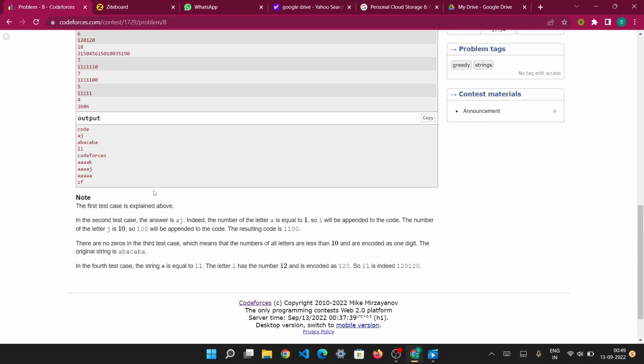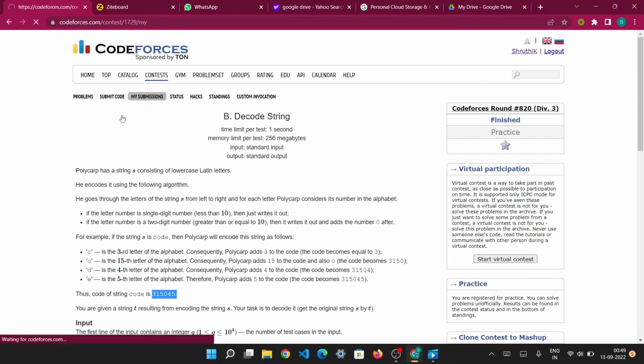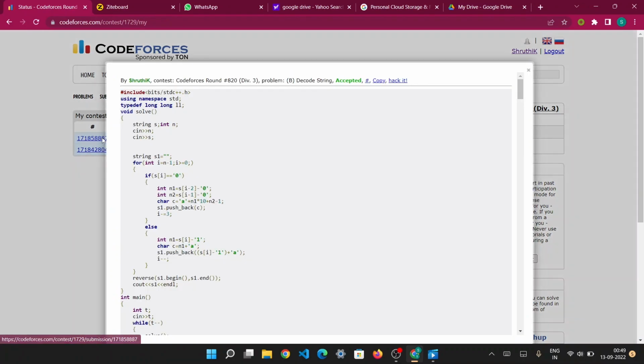So let us look at the implementation. So I'm inputting the string s and n. So s1 I'm declaring it to be the empty string which I'm going to build. So I'm starting from i is n minus 1, with i greater than or equal to 0.